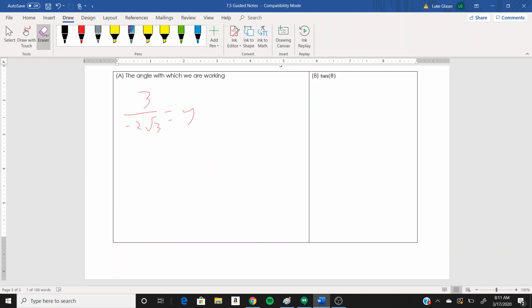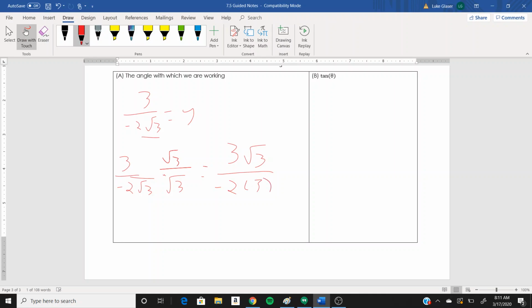But remember, we can simplify. We have a radical in the bottom and we can't have a radical in the bottom. So we're going to take 3 over -2 root 3 and multiply top and bottom by root 3. So I get 3 root 3 over -2 times 3, which is 6.